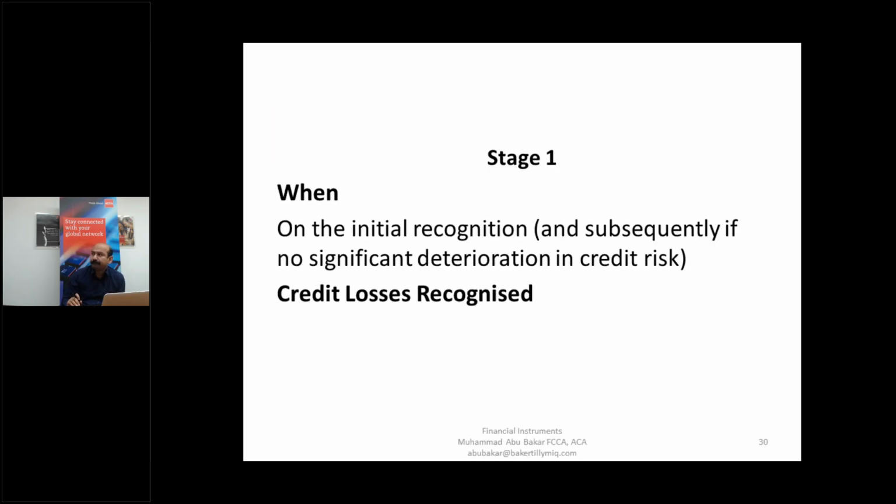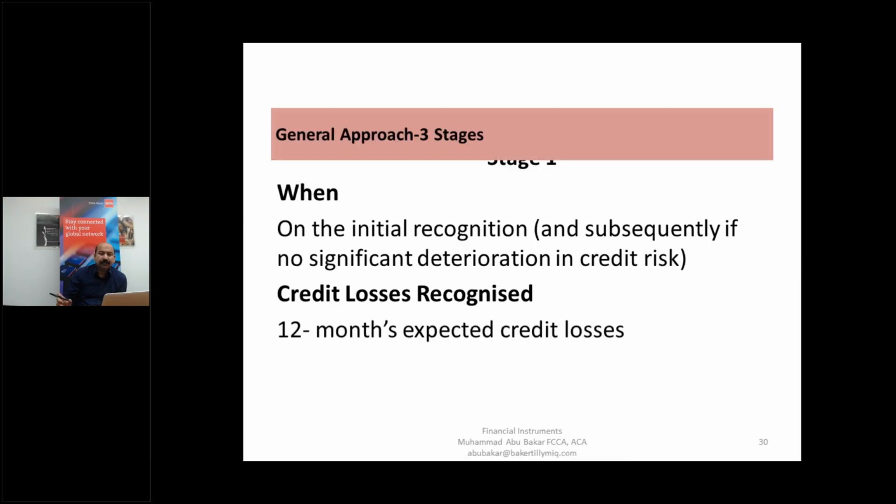Okay, in stage 1, at initial recognition, an entity shall estimate the cash flows expected by considering all contractual terms of the financial instrument and estimating reliably the expected life of the financial instrument, compared with the cash flows it expects to receive.